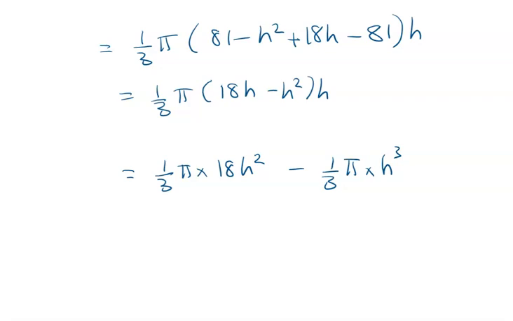That looks terrible, just get rid of that. So you can see this is an even cleaner differentiation. So 6 pi H squared minus pi on 3 H cubed.